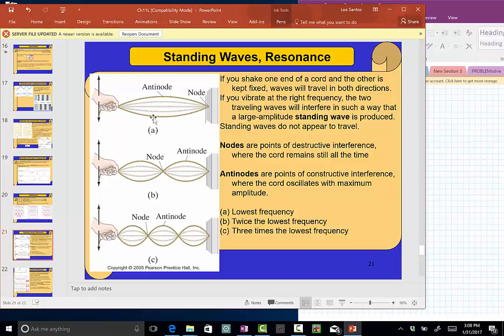So the higher the frequency, the more nodes we get. These nodes are completely not moving, they are not going up and down, and the rest of the wave seems not to be propagating. Each point seems just to be going up and down. I don't get that sense of a crest propagating to the right. So this is the basic idea of standing waves. The higher the frequency, the more nodes we get.